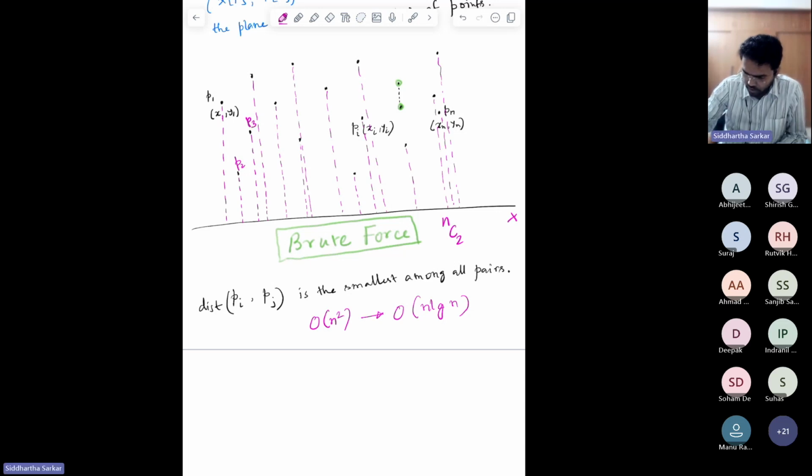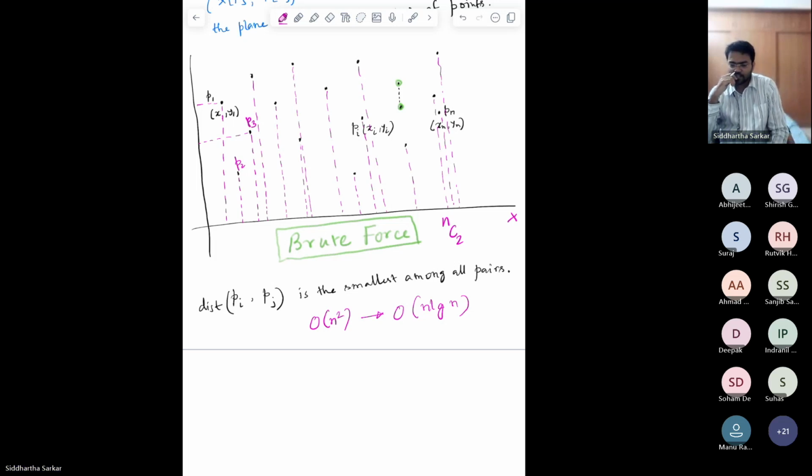If you project on the y-axis as well, then P1 becomes neighbor to P3, whereas in the other case, P1 and P2 are neighbors. So even to decide whether P1 and P2 are nearer or P1 and P3 are nearer, that is not clear. That's what you're saying, Naren.